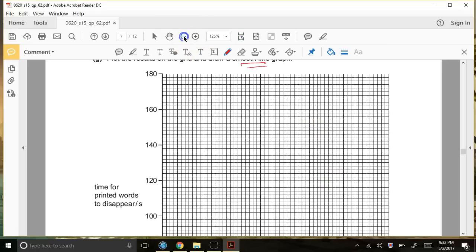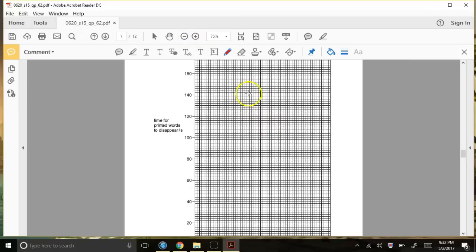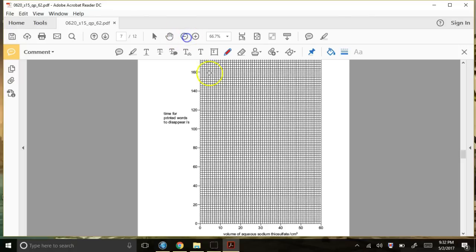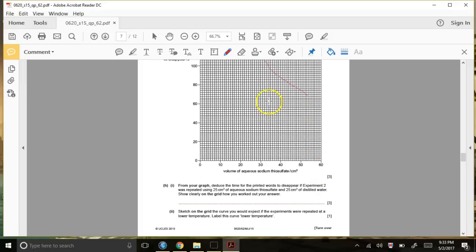What I'll do is give you a rough sketch of what it will look like, just to give you an idea. So it's going to look something like this. I'm just giving a rough idea of how it's going to look. And once you finish the plotting, you can just check with that.